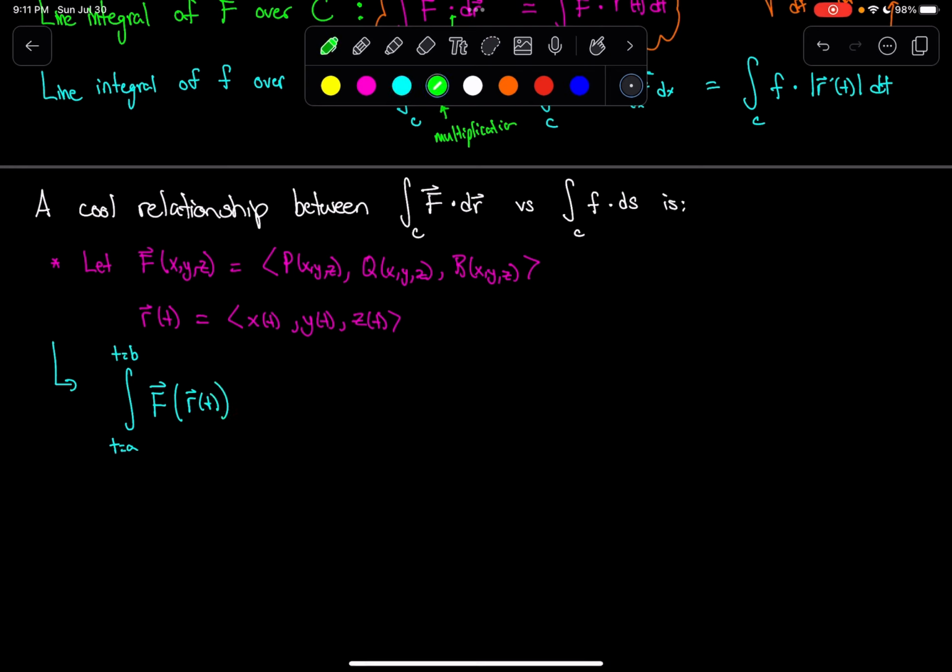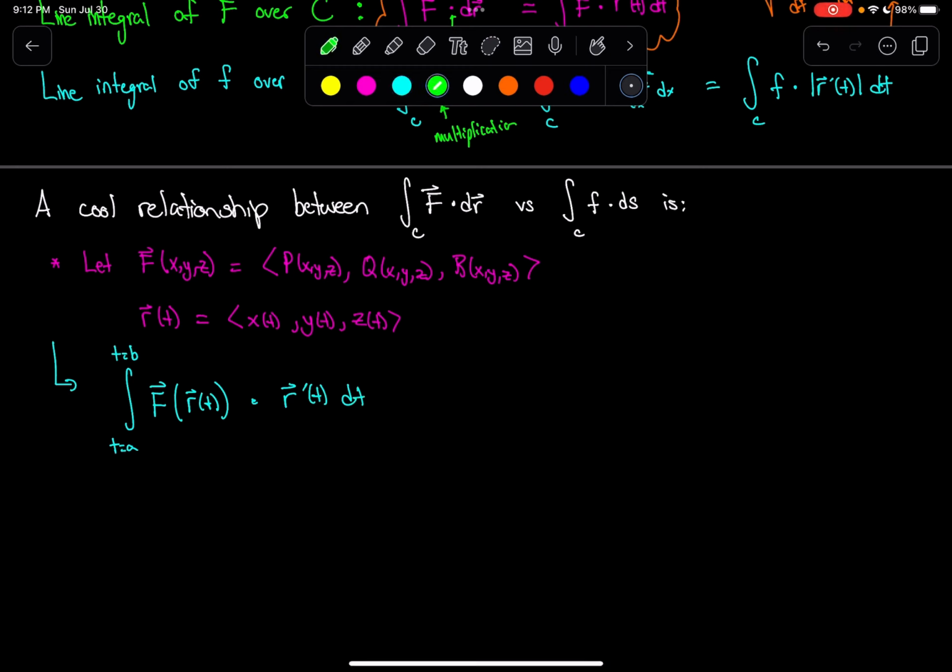And all that means is that we're going to plug whatever values for x, y, and z into the p function, the same for the q function, and so on and so forth for the r component. Basically just plugging all the appropriate parameterizations into our vector field. And so we're setting up our line integral, and then we dot this into our r prime of t dt.